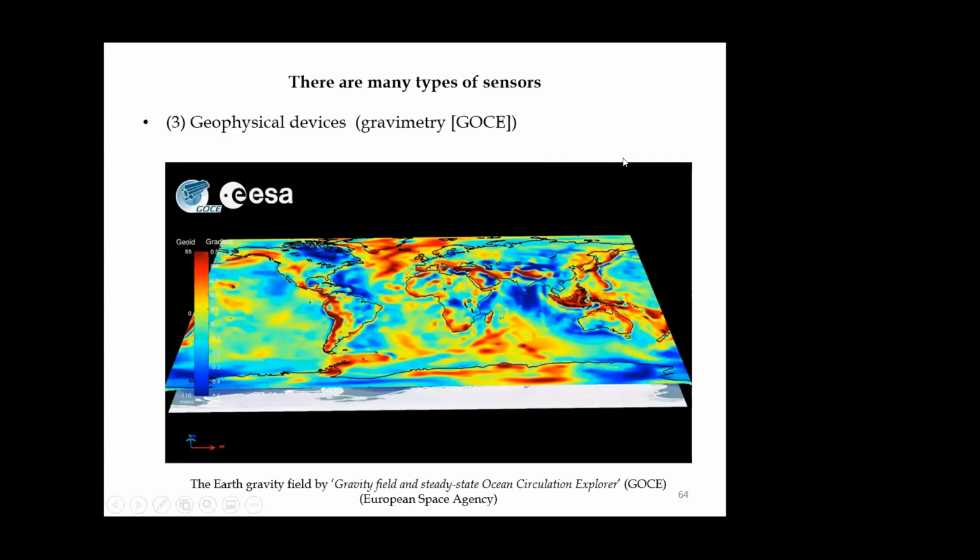Here, this is another sensor from the European Space Agency. This is GOCE. It means Gravity Field and Steady-State Ocean Circulation Explorer. And Earth's gravity is then measured, and it's very interesting because you can see the relation between geodynamics and the signal.